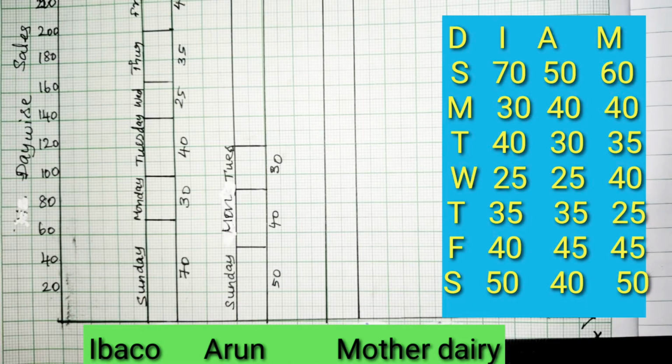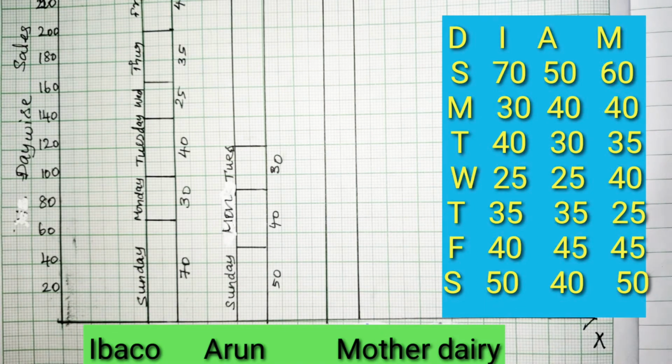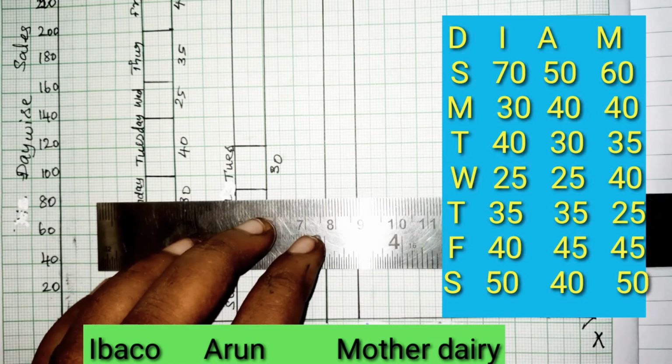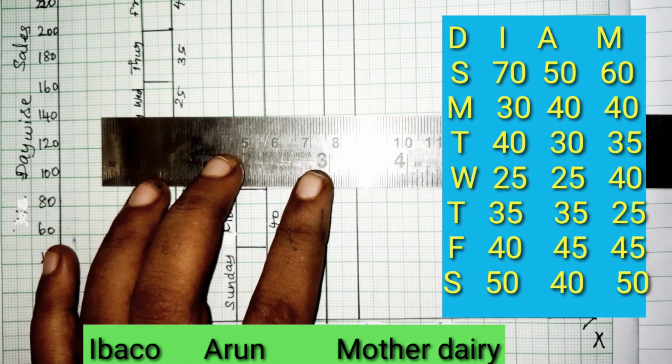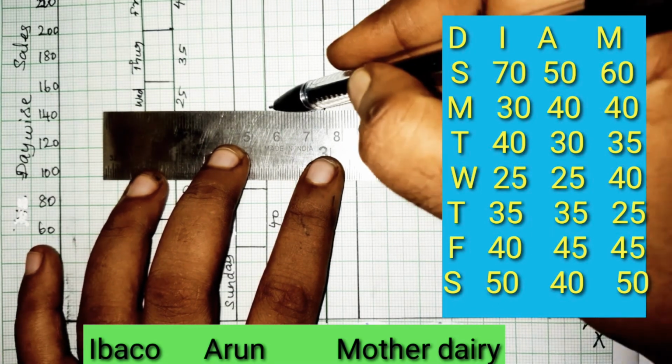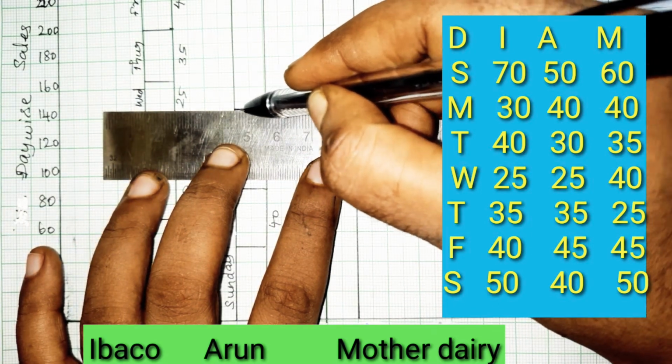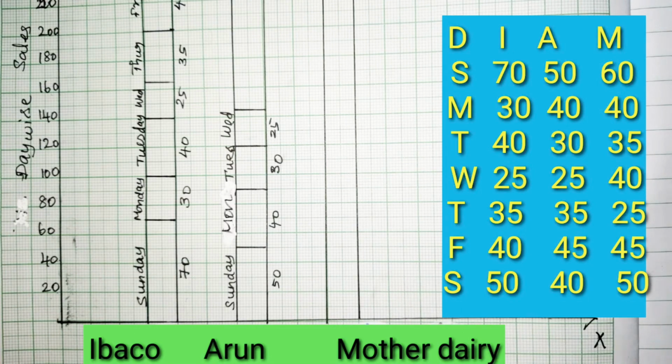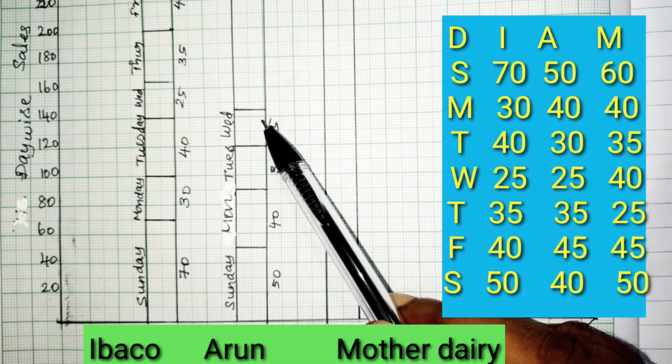Then for Wednesday the sales is 25, so after 120 you mark 25. That is at 145. So 140 is some point here, then 142, 144 and 145, in between 144 and 146 you can mark. Thursday sales is 35, after 145 you mark 35.